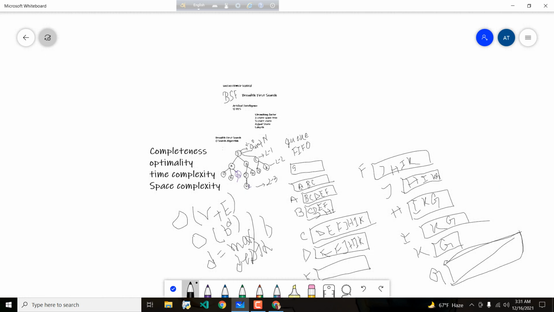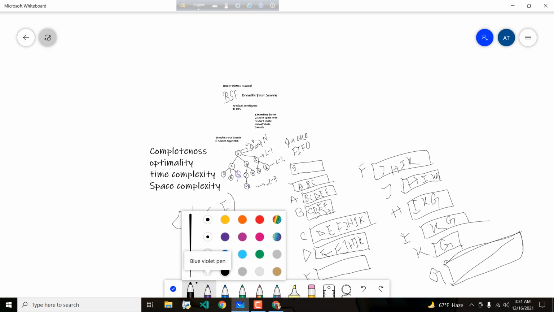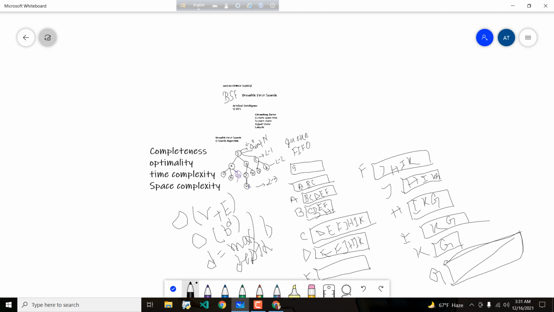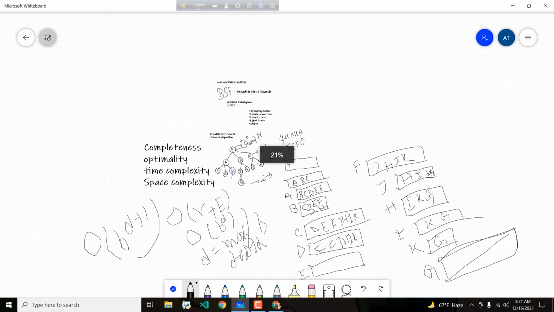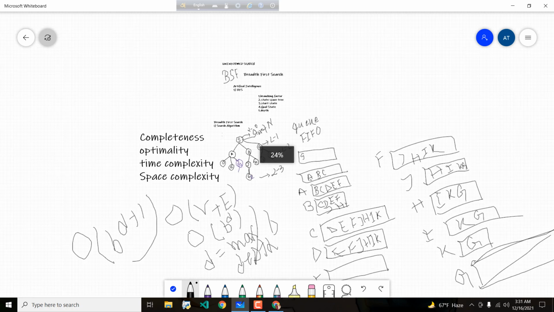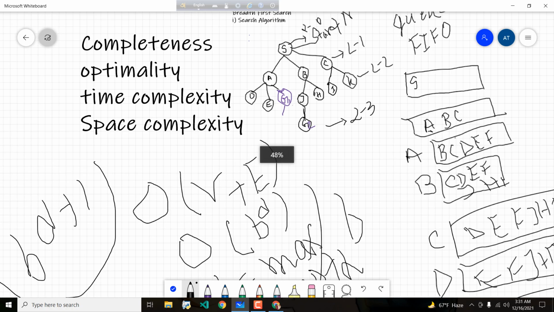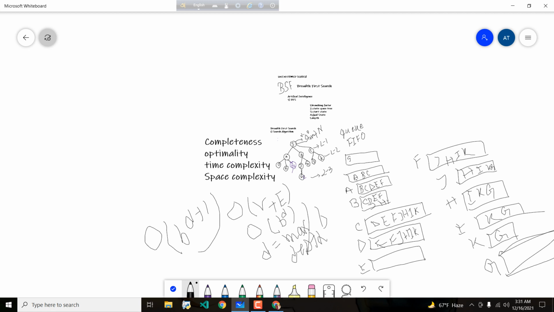What is the space complexity? Space complexity is the same as the time complexity, and it can be O of b to the power d plus 1. So time and space complexity are the same. So what is the problem here in BFS? Do you see any problem? It is complete, it is optimal, it has a time complexity, it has a space complexity.